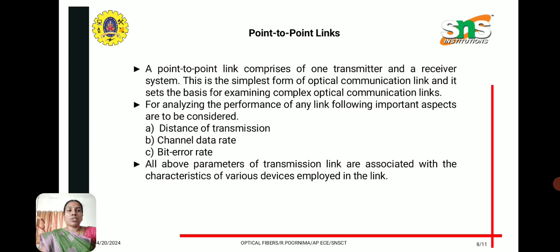This is the simplest form of optical communication link, and it sets the basis for examining complex optical communication links. The important aspects to be considered are distance of transmission, the channel data rate, and bit error rate. All these parameters are associated with the characteristics of various devices employed in the point-to-point link.